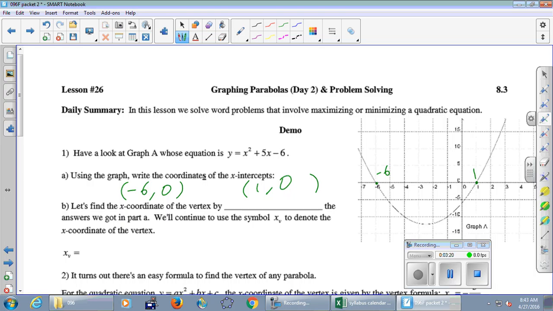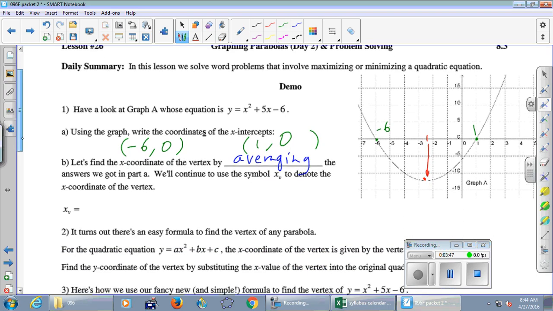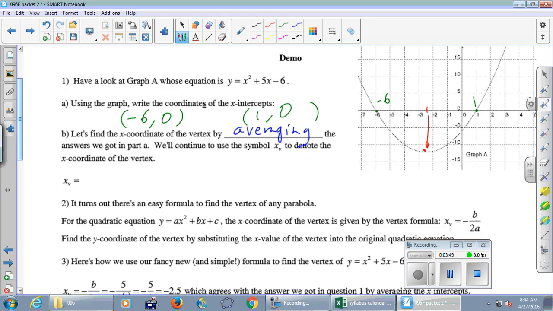Okay, and then we know that the vertex is halfway between the 2 x-intercepts, right? So we would find where that vertex is by doing what to the 2 x-intercept numbers? The difference of them? Averaging them, right? That's how we find the number that's right in the middle. So let's write here, averaging the answers we got in part A. We'll get our answer for where the vertex is located.